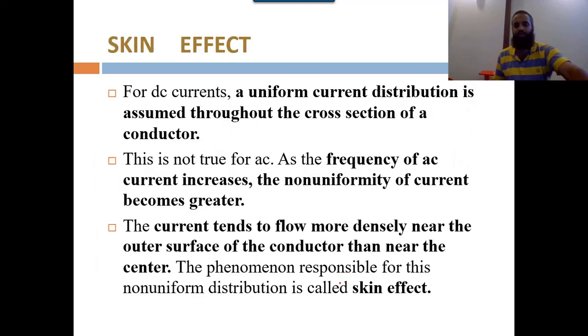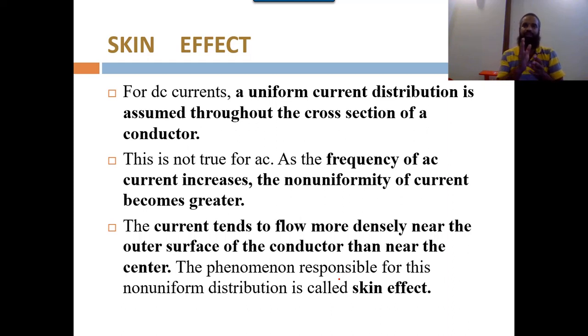Now the second topic which you need to understand is the skin effect. If you know the basics of electrical systems, when DC current flows in a conductor, the current is uniformly distributed all over the conductor.